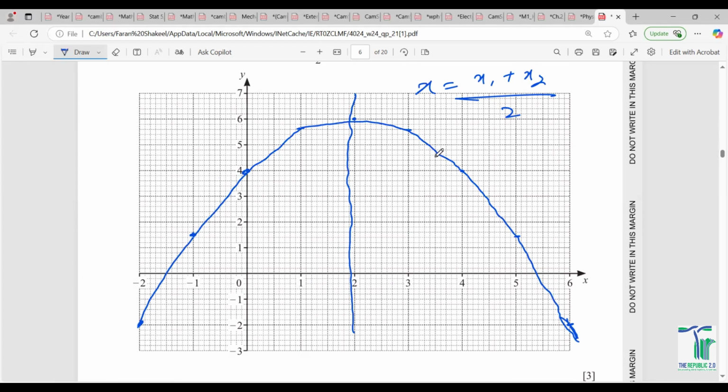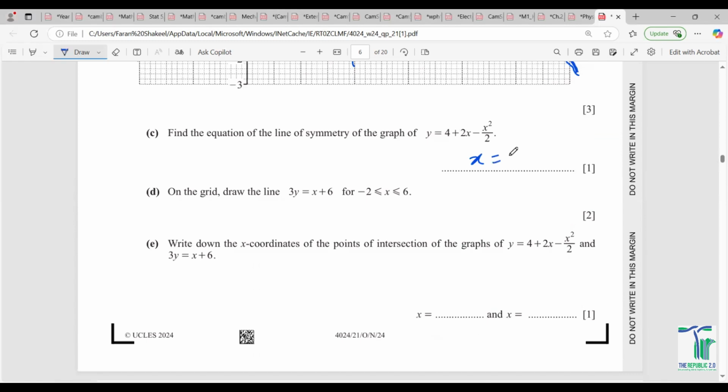So x is equals to, what was the first x-intercept? Minus 1.5. What was the other x-intercept? Almost 5.5 divided by 2. So x would be equal to 4 divided by 2, and that comes out to be 2. So x is equals to 2 is the line of symmetry.